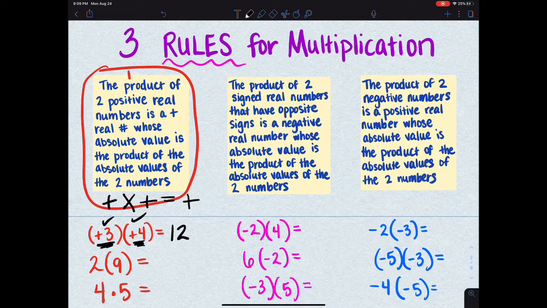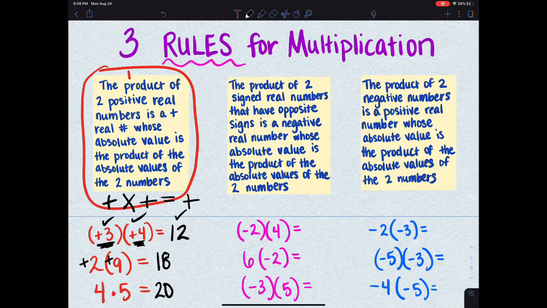That's true, and it ends up being a positive number. So that rule is true. In this one, +2 times +9 is going to be equal to 18. A positive times a positive is a positive. Same down below, 4 times 5 is 20.